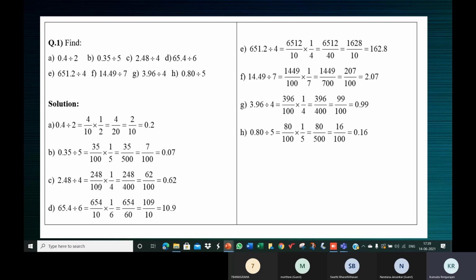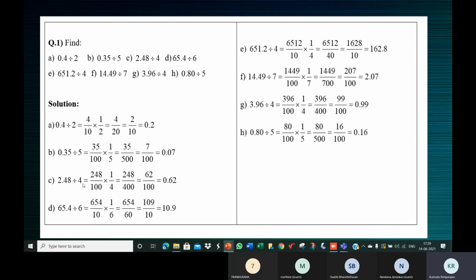It's going to be 100 because after the decimal point there are 2 digits, so 1 followed by 2 zeros. That's how you convert a decimal to a fraction. So 2.48 is written as 248 by 100.